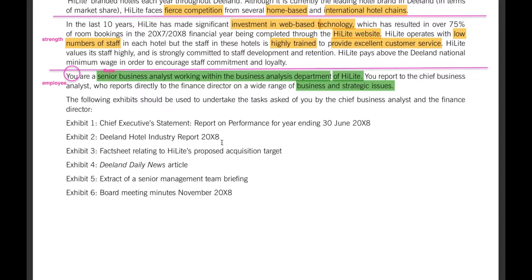Basically, inside your exhibit number 1, what is there? It says here a chief executive statement, report on performance, for the year ending 30th June 2008. A chief executive statement is usually something you have inside your annual report.